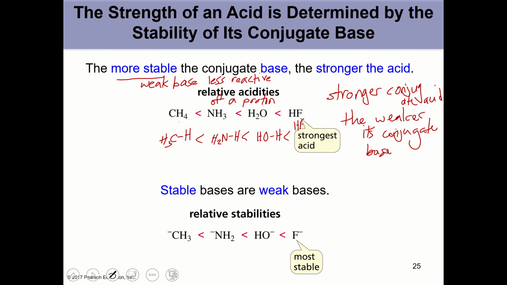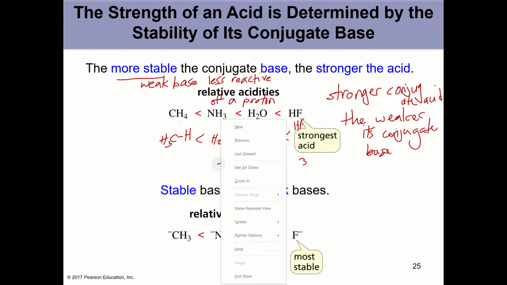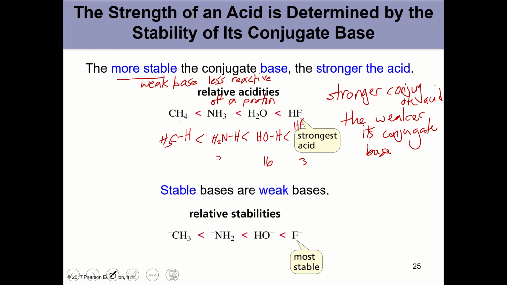So we're comparing across a row, and as we go across a row, the acid with the lowest pKa is HF, which has a pKa of around 3, I believe. Then we have water, which has a pKa of 16. Ammonia, which has a pKa of about 35 to 40.